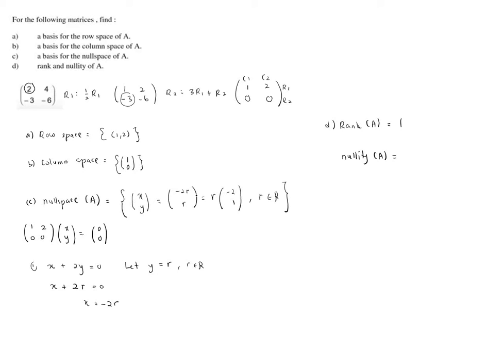Okay, this time we have a value here. So kita ada 1, x sama dengan negatif 2r, y sama dengan r, ataupun ini sama, cuma keluarkan r saja. So we have 1 in null space. So rank is the size or the dimension of row space, column space. Nullity refer to null space.